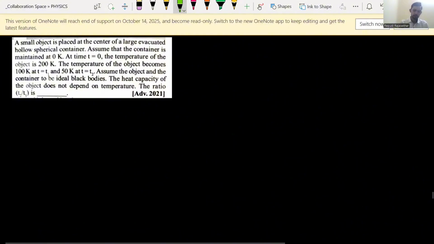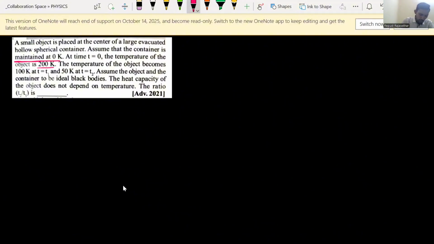2021 question it is. A small object is placed at the center of a large evacuated hollow spherical container. Assume that the container is maintained at 0 Kelvin, means container temperature is not changing, it is a constant. At time t equals 0, the temperature of the object is 200 Kelvin.